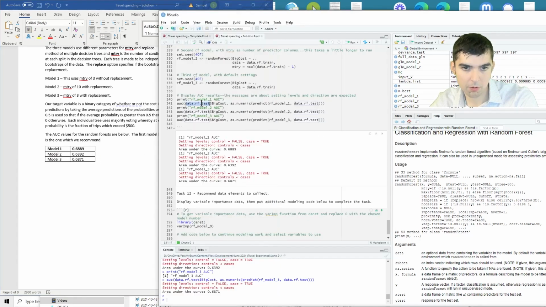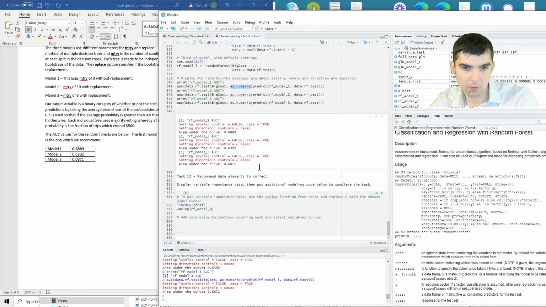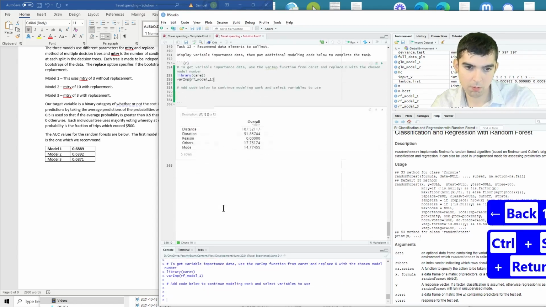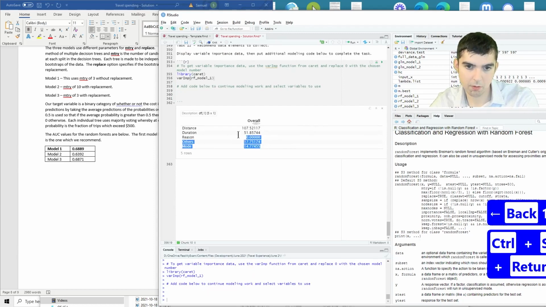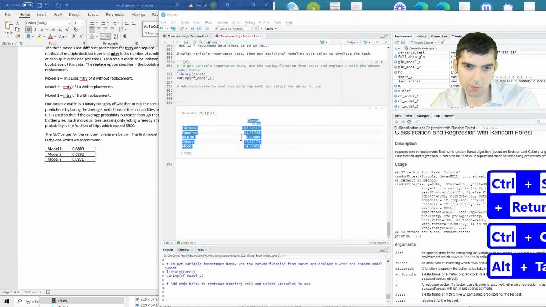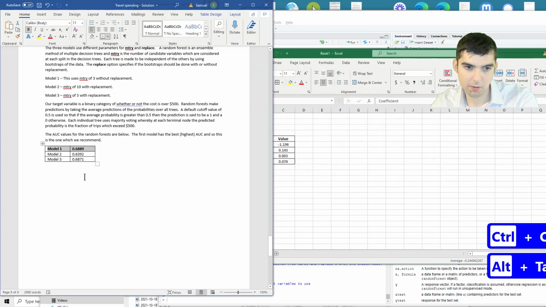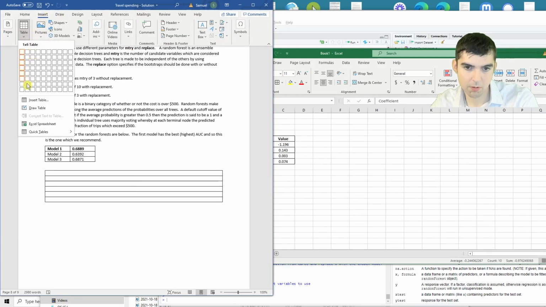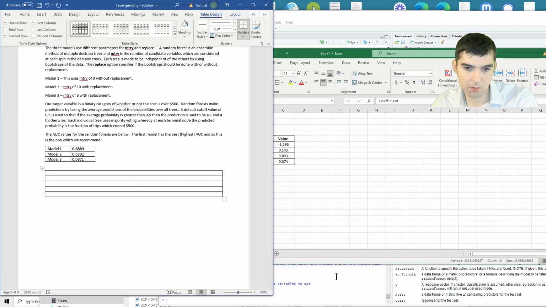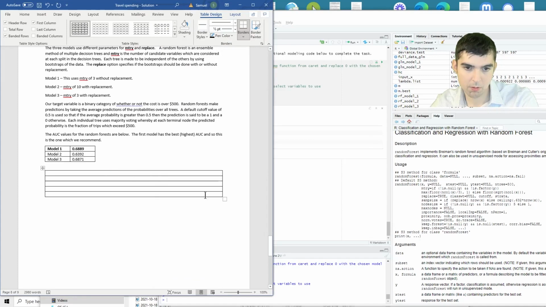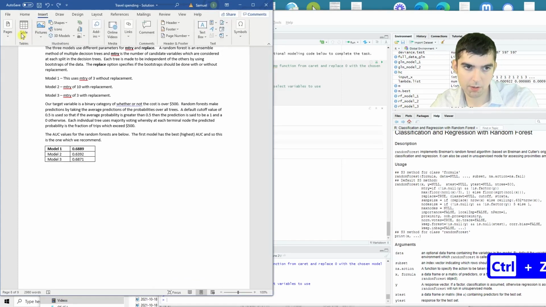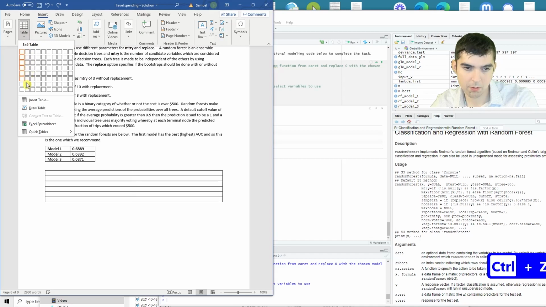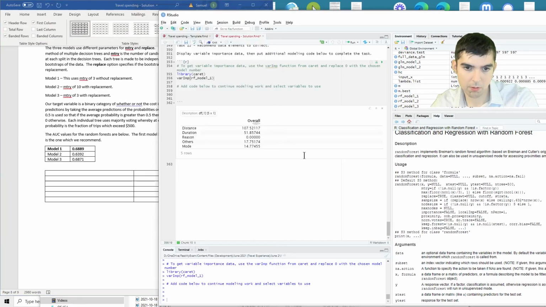So that's this one. There's the variable importance. And again, you might not be able to put this into Excel. That's okay. You can just insert a table.